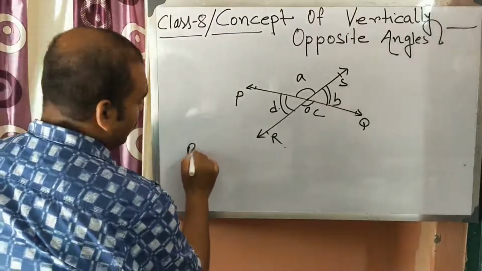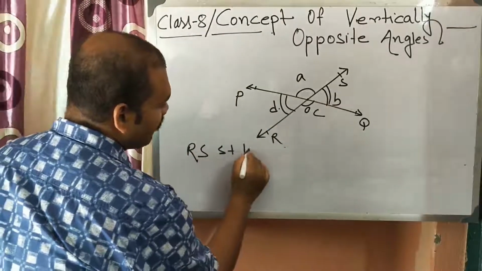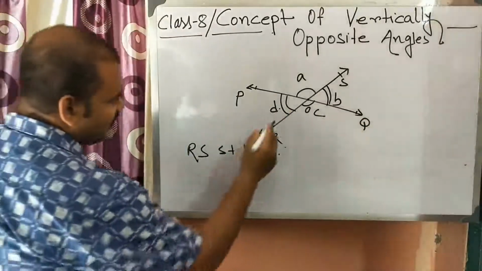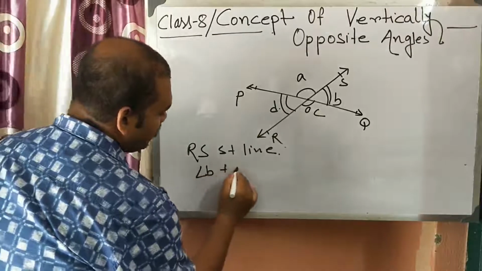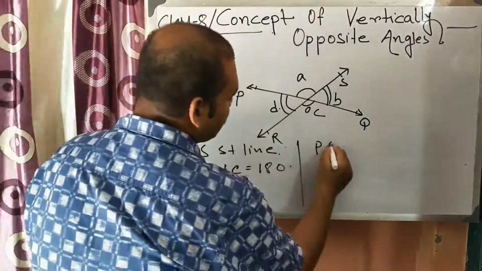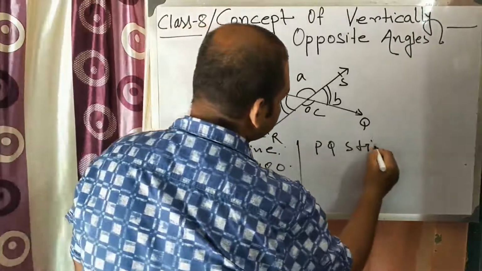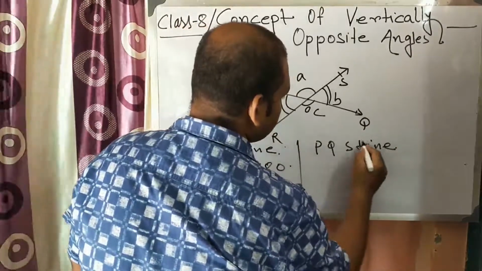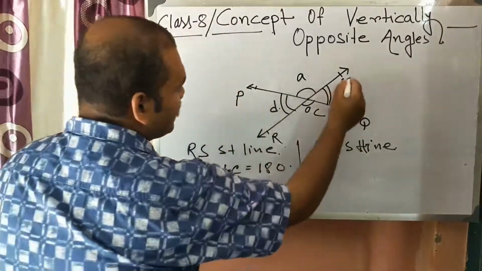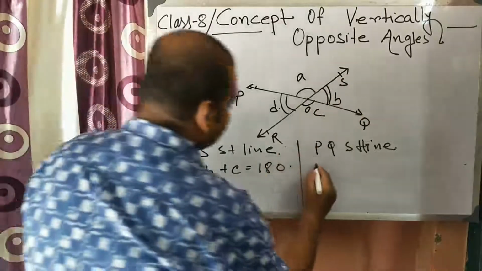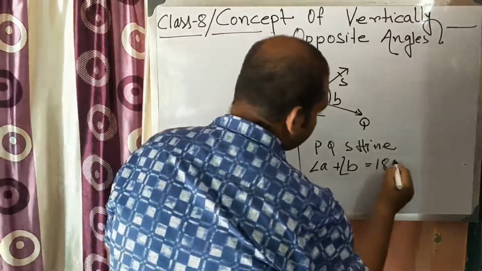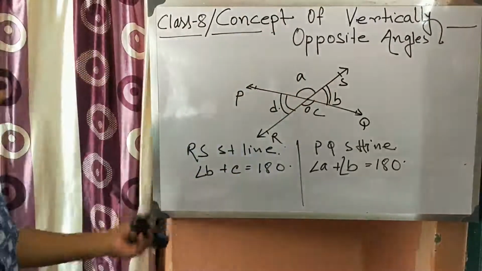Suppose RS is the straight line and when QP intersects it, the sum of B and C is equal to 180 degrees, and again PQ is a straight line, and when SR intersects it, A plus B is equal to 180 degrees.